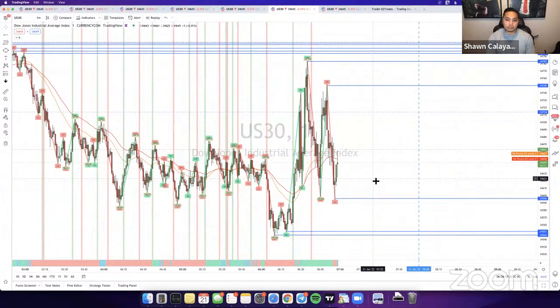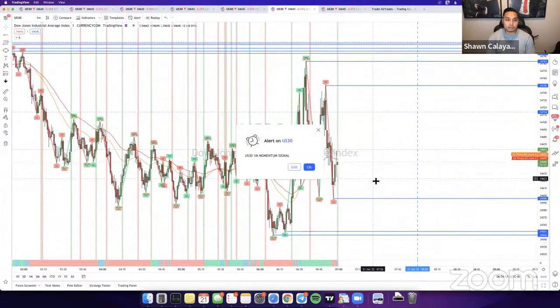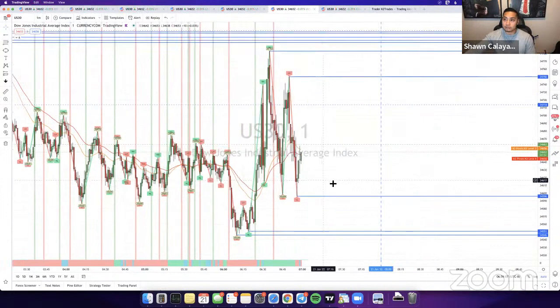So whenever we see a sell entry, we're inclined to just hop into it, even though it's a risky one. The thing is, Biden and Yellen aren't speaking until 8, so there's still about an hour left until they start speaking. That's why you're probably going to see a lot of consolidation or big ranges until it gets to that point. And once it gets to that point, we will see it start to push pretty heavily.